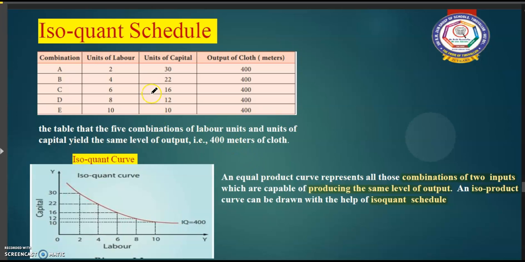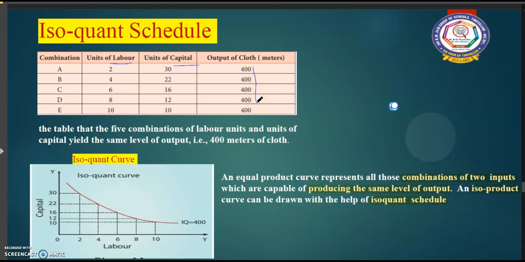Now in this slide you can see the isoquant schedule. Let us suppose that there are two factors, namely labor and capital. The isoquant schedule shows the different combinations of these two inputs that yield the same level of output.